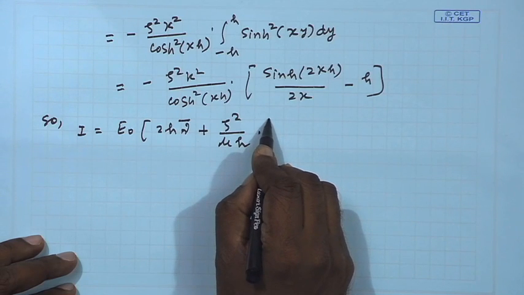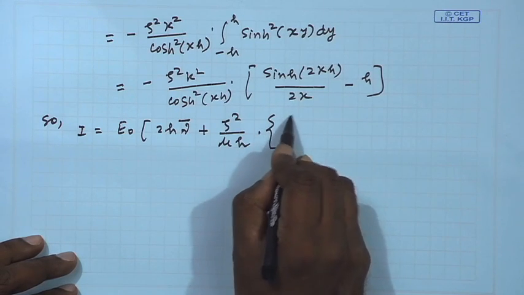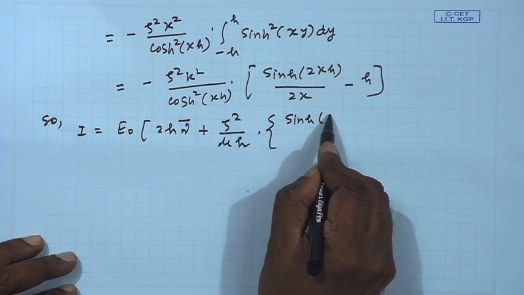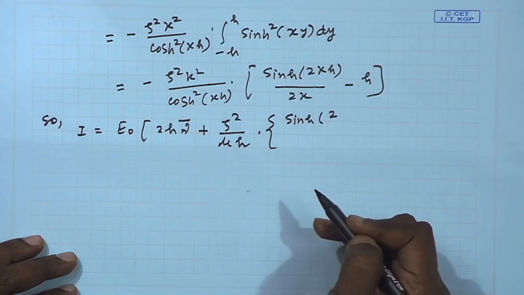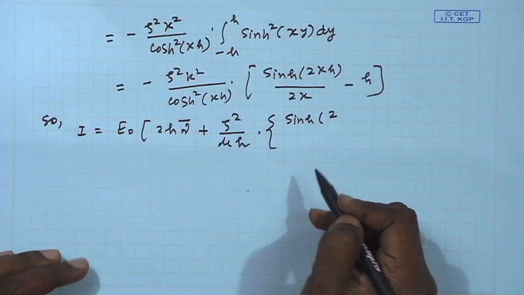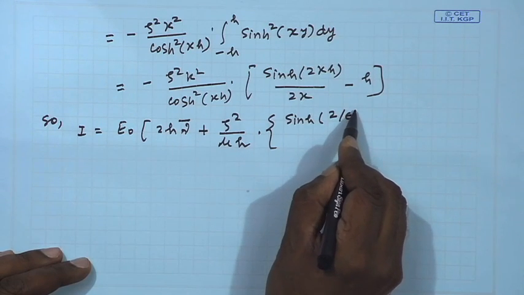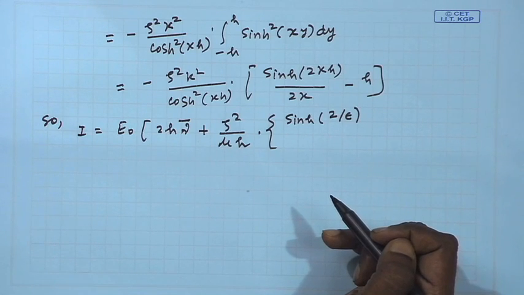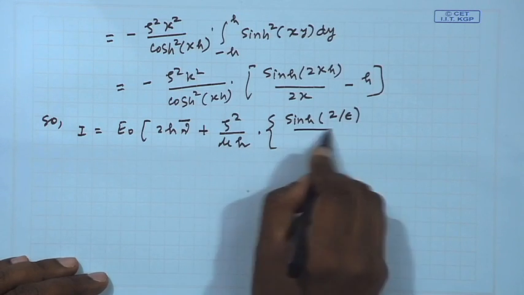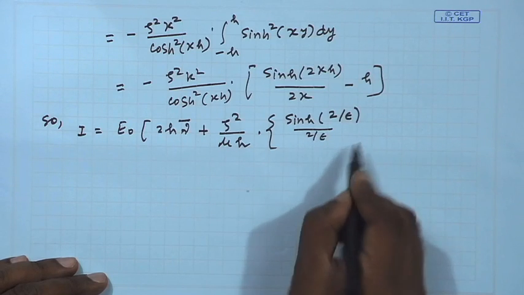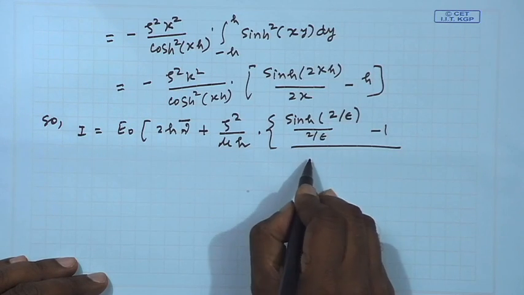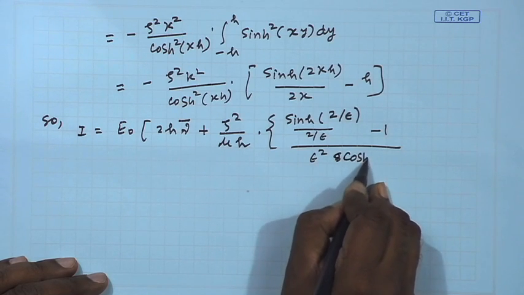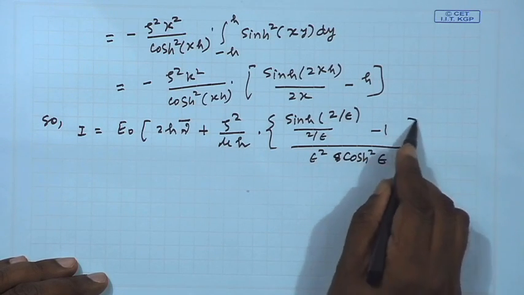into, right, in this way, sine hyperbolic 2 by epsilon. If I now introduce an epsilon, which is nothing but 1 by kappa h, by 2 by epsilon minus 1 by epsilon square cos hyperbolic epsilon.